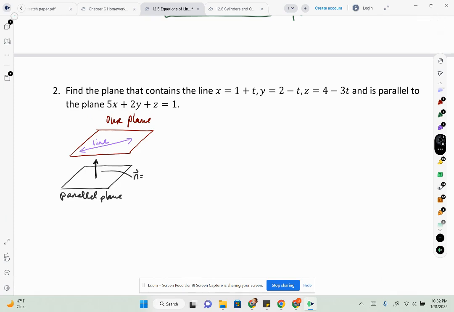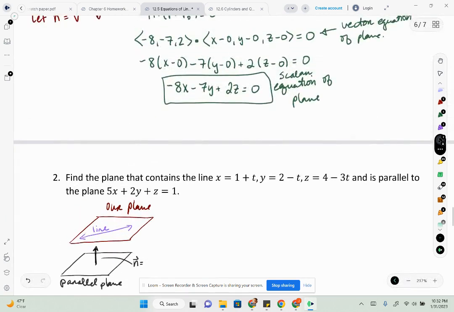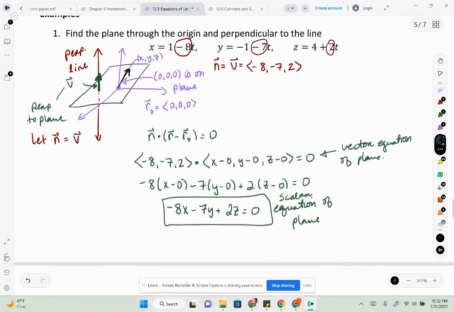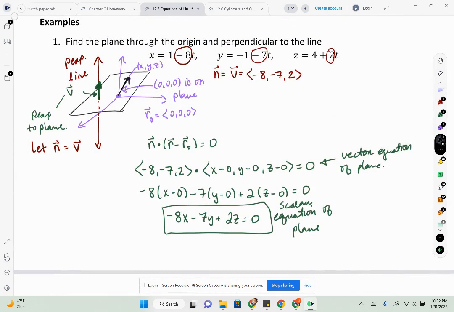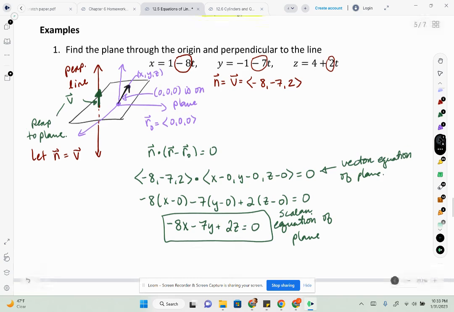And let's go back and look at some stuff really quick. So remember in this previous problem, the normal vector was -8, -7, 2. Notice that the -8, the -7, and the 2 ended up as the coefficients for x, y, and z respectively.